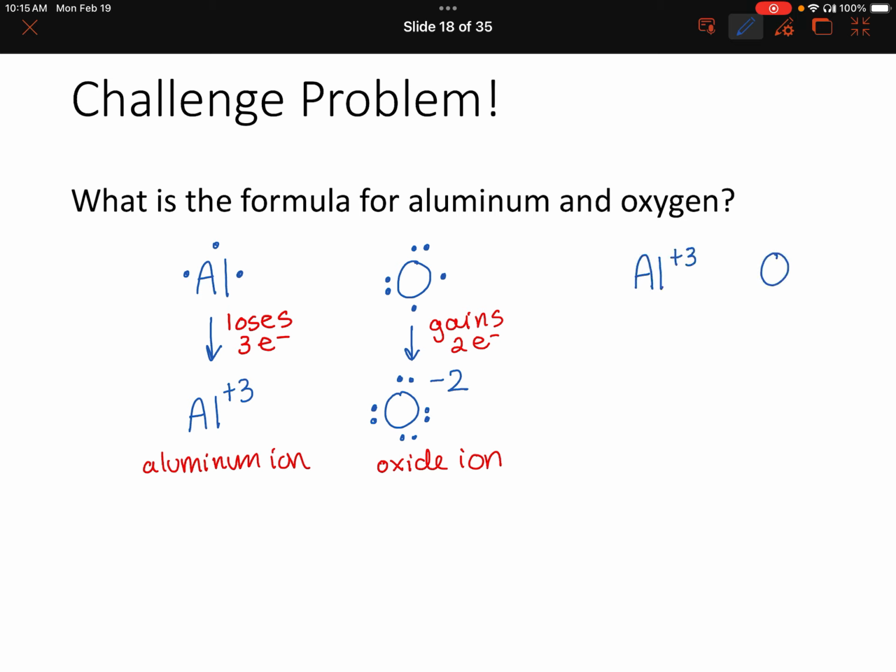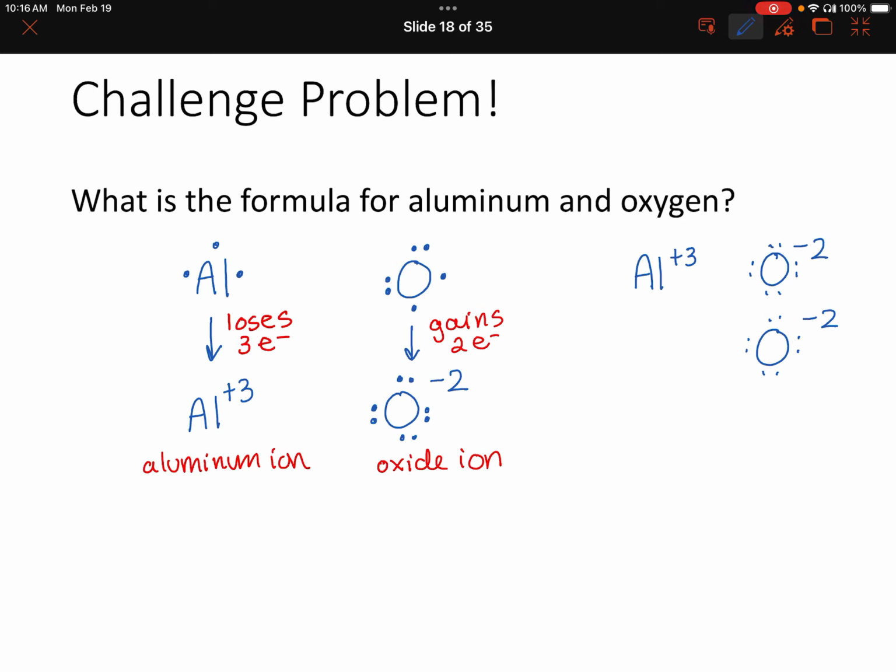So let's draw 2 of these oxide ions. Okay, so we have +3 from aluminum. And now if we add up the charges on the oxide ions, we have a total of -4.